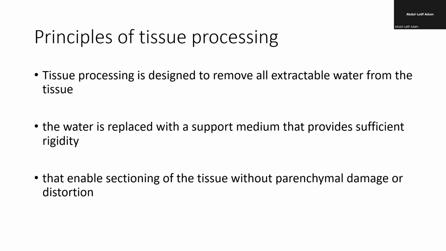For example, if you take frozen fish and thawed fish, it is easy to cut frozen fish into smaller pieces than to cut fish that has been thawed. So in order to cut thin sections, this water has to be either frozen or taken out.